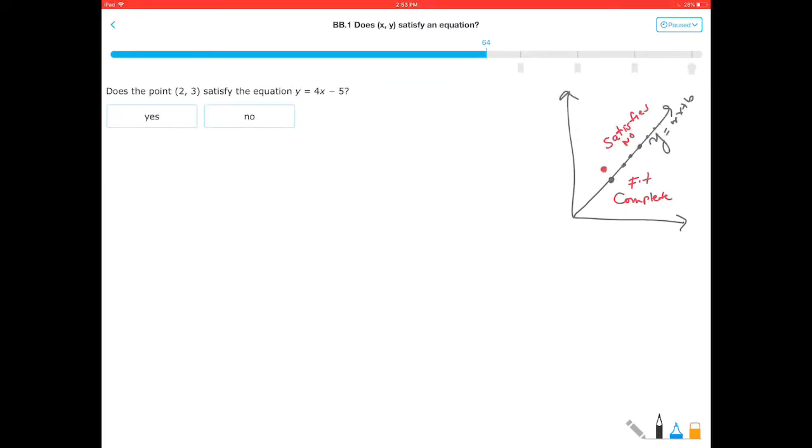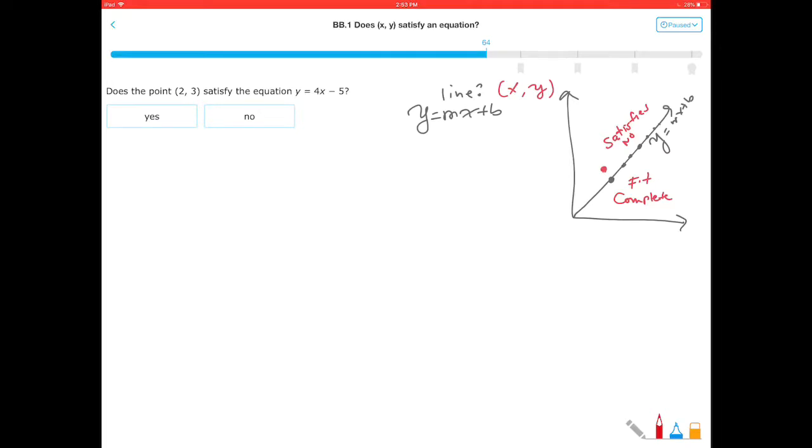Now, think about this. You already know all that. If I give you y equals mx plus b, isn't that a line? So if I ask you, how about this x and y? How about this point?